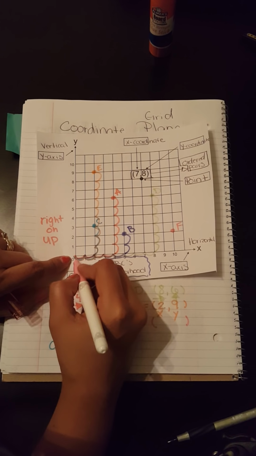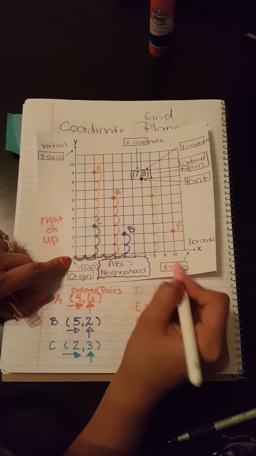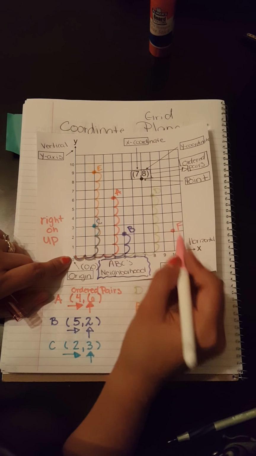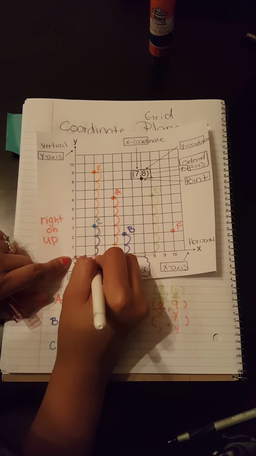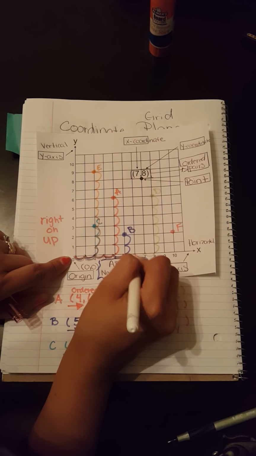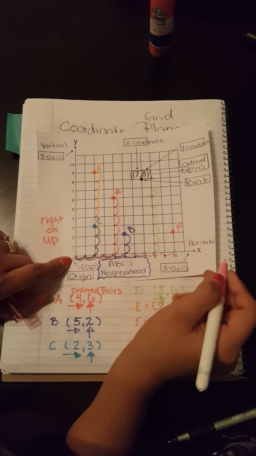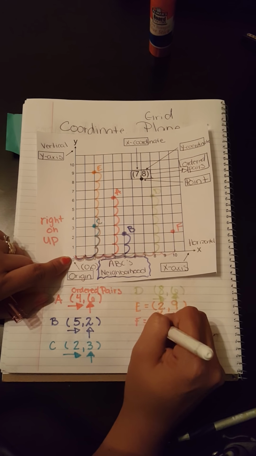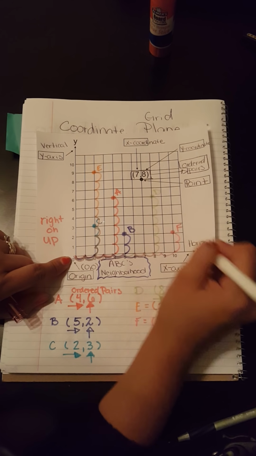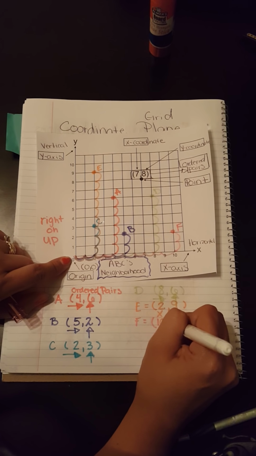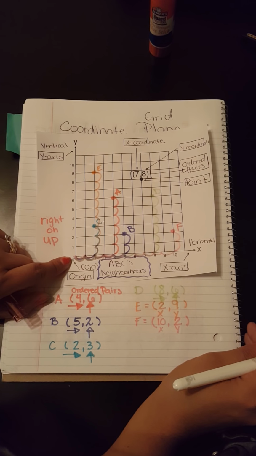You start at the origin and you move your way to the X and then to the Y, because I need my X coordinate and then I need my Y coordinate. 1, 2, 3, 4, 5, 6, 7, 8, 9, 10 units to the right, 10 units on the X axis, and then 1, 2 units up. 2 units on your y-axis.